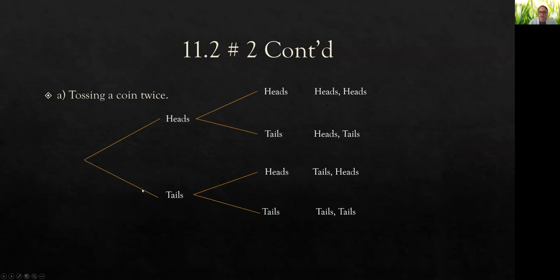So tails first and then heads, the outcome is tails and then heads, or tails first and then tails, my outcome is tails and then tails. So over here is the tree, and then over here, I just list the outcomes next to each other.